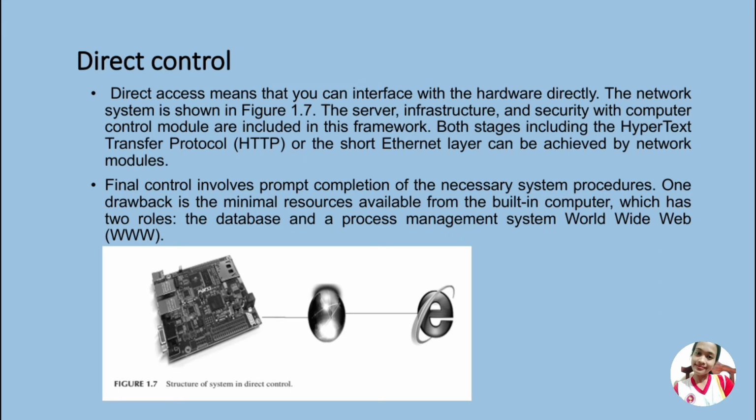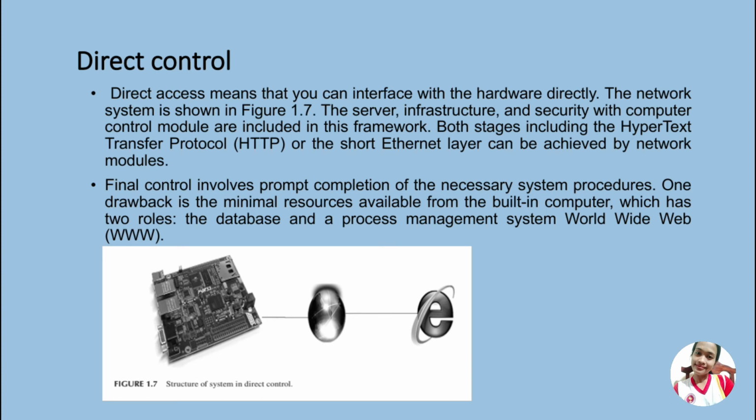The server, infrastructure, and security with computer control module are included in this framework. Both stages, including the hypertext transfer protocol, or the HTTP, or the short Ethernet layer, can be achieved by network modules.